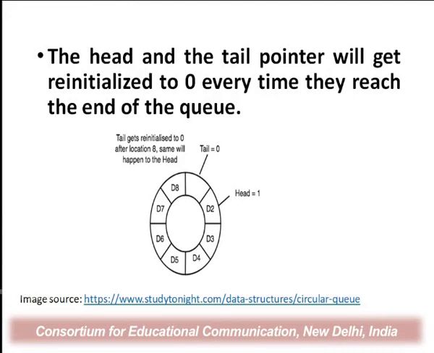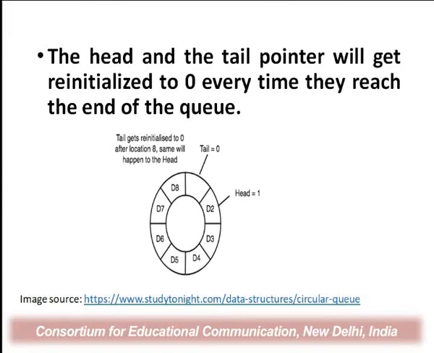Now, head and tail pointers will get re-initialized to 0 every time they reach the end of the queue. End of the queue is actually the max size of the array. So, every time the head and tail pointer reach the max size of the array, they will be initialized to 0 again, as it is shown in the figure.